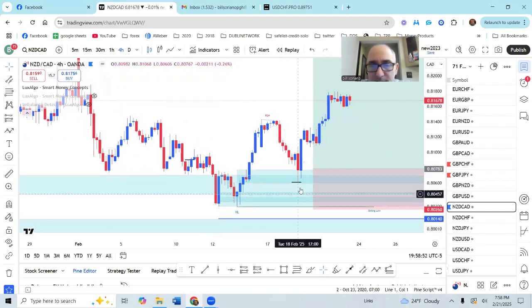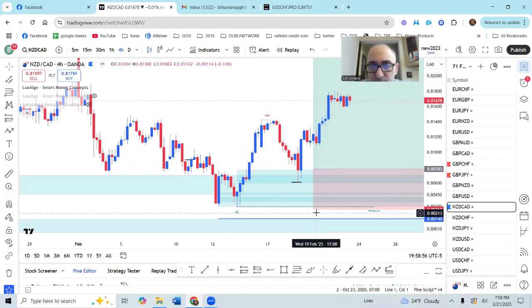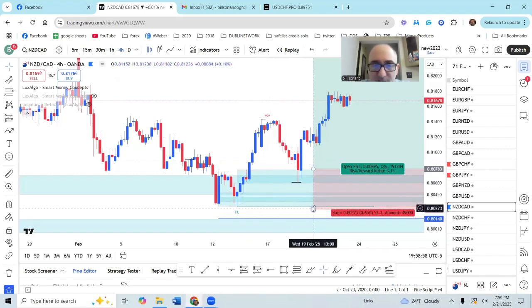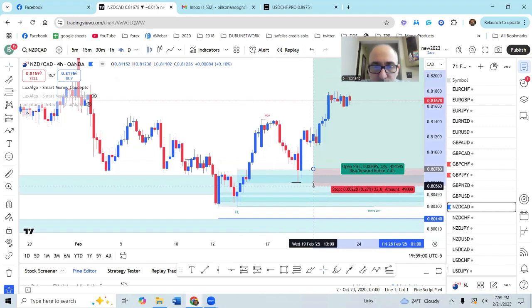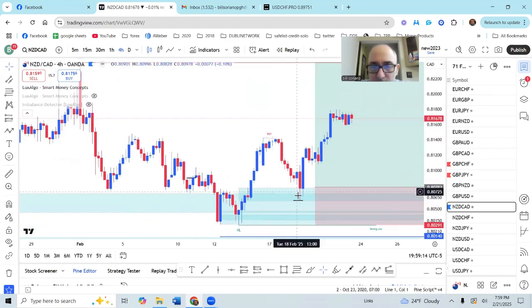Now I have my stop loss all the way at the bottom of the zone, just to not be so aggressive. If you would just use a stop a little bit below that zone, you wouldn't get stopped out. I put it all the way down here. And even so, price comes back, boom, that wick comes down, gets you into the trade.